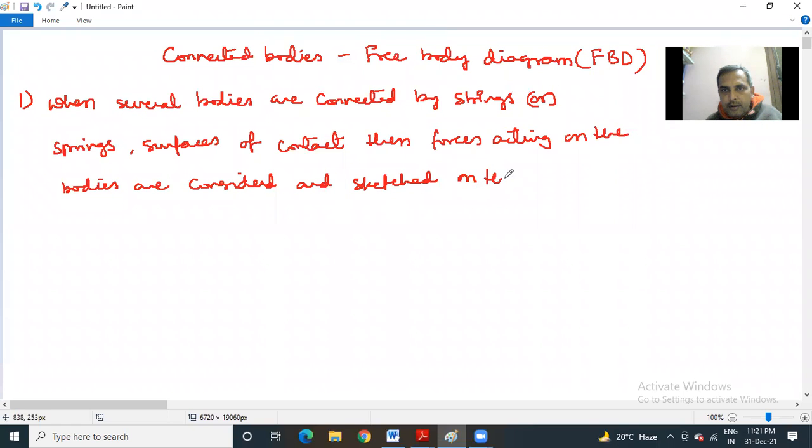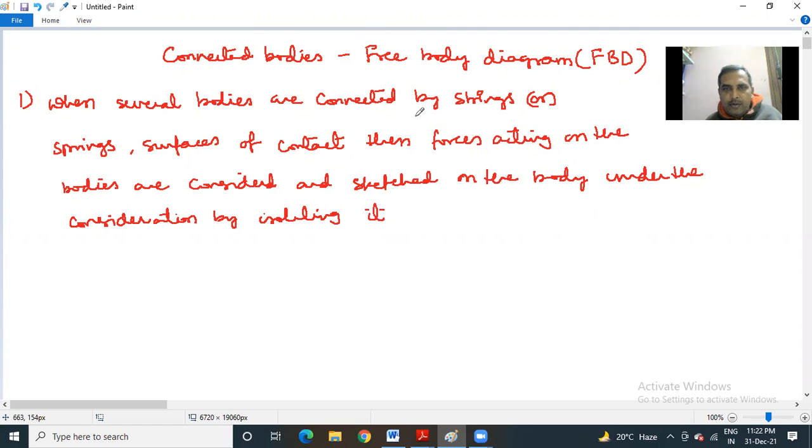On the body under consideration, by isolating it. So if a number of forces are acting, we make it distributed one by one.